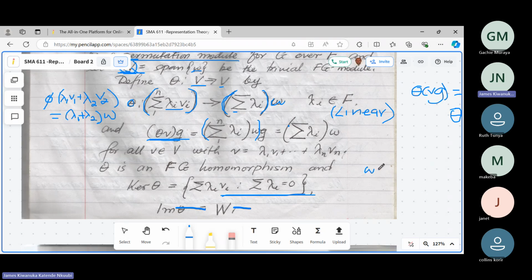It means that WG, one-dimensional vector space, must be equal to W. It can't be anything else. W is the basis. So the basis must be mapped to the basis. So that forces this WG to be equal to W because it's one dimensional. So it doesn't have any other basis to map to.